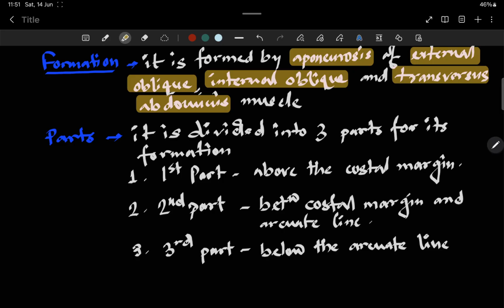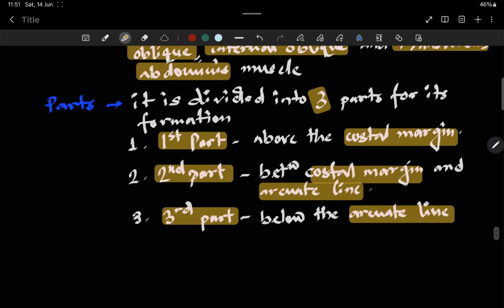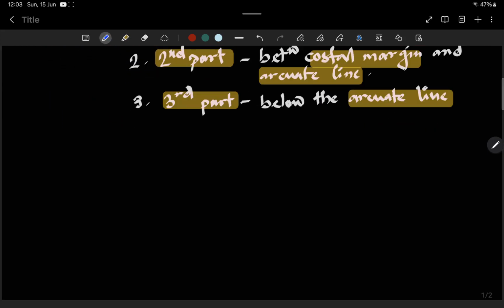Now we draw the schematic diagram of the upper or first part, middle or second part, and lower or third part of the rectus sheath.